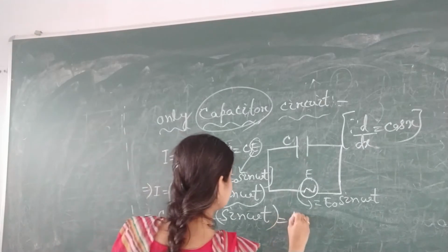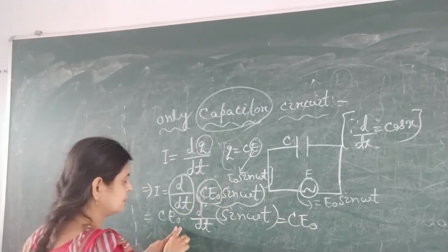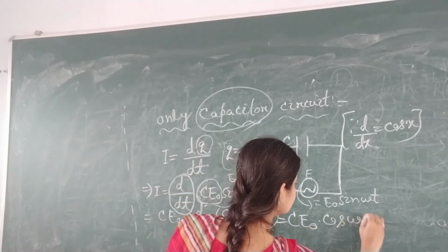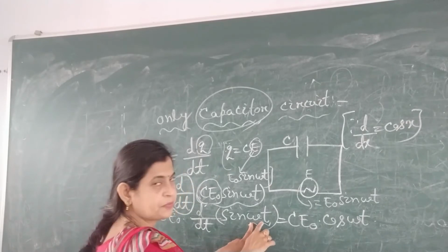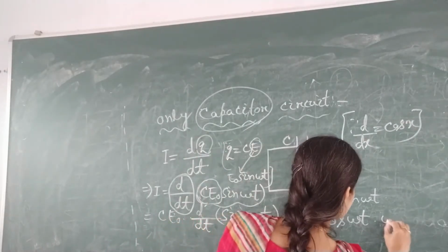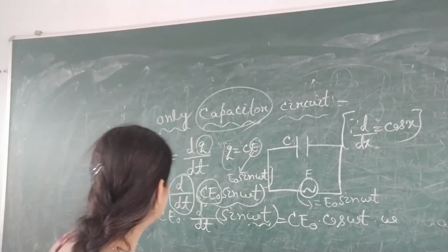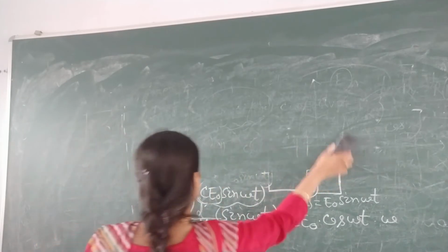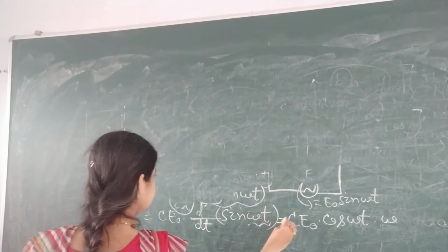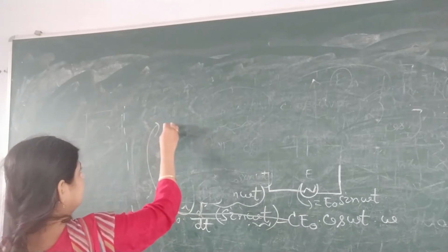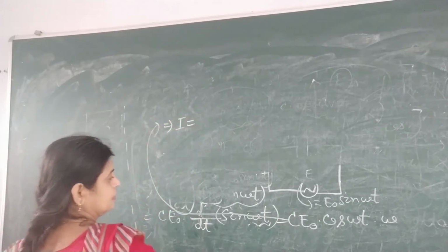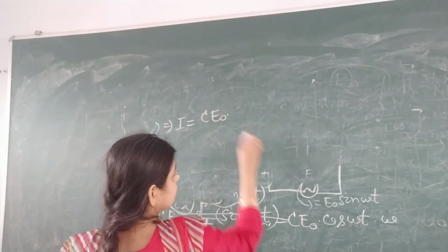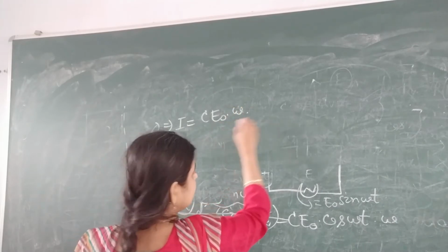So that is equal to C E0, differentiation of sin omega t is equal to cos omega t into differentiation of omega t, that is only omega. So we can write down I is equal to C E0 into omega into cos omega t.